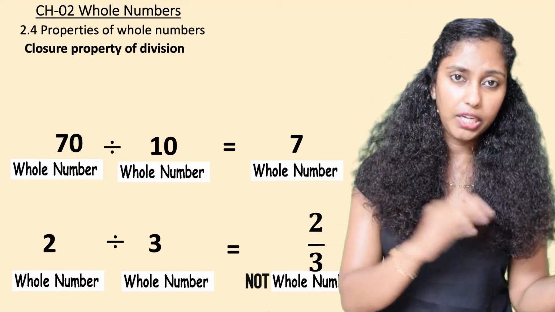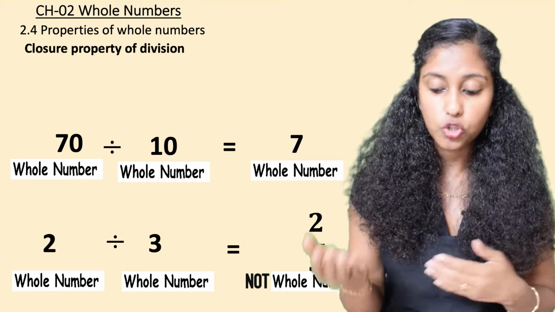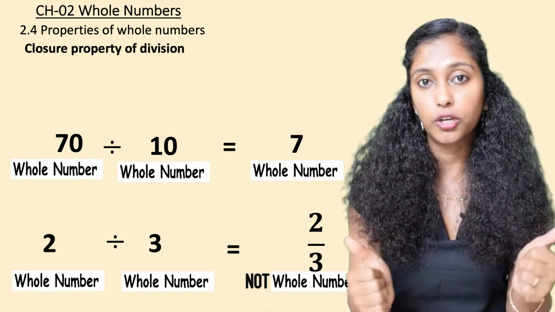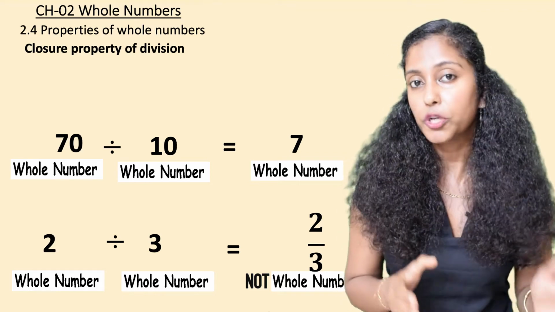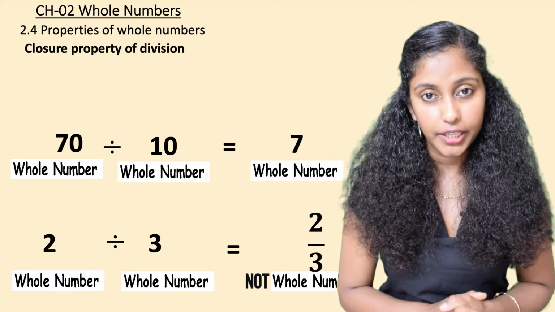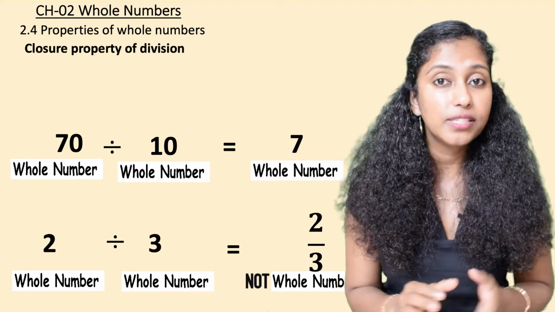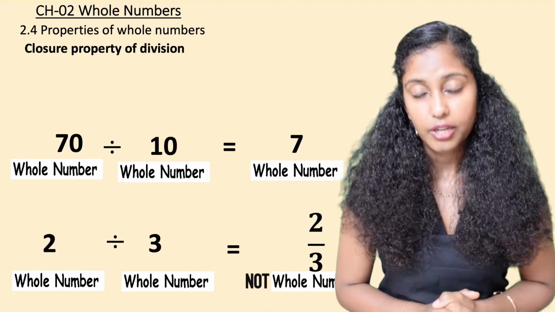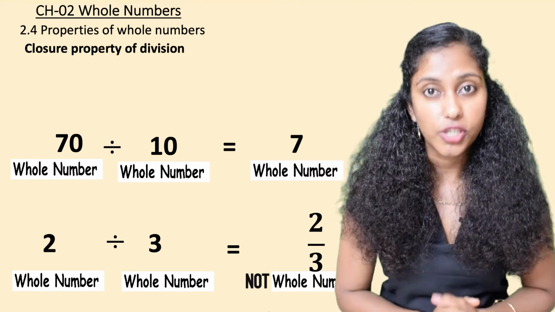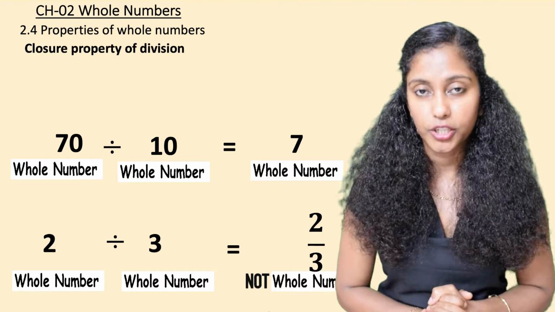But here when we divide 2 by 3, we get 2 upon 3, which is not at all a whole number. So what we understand is, if two whole numbers are divided, it will not always give a whole number. This means that whole numbers are not closed under division.